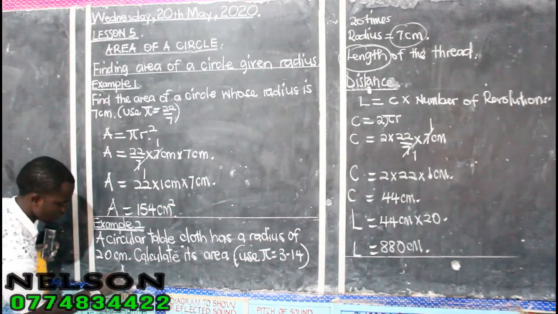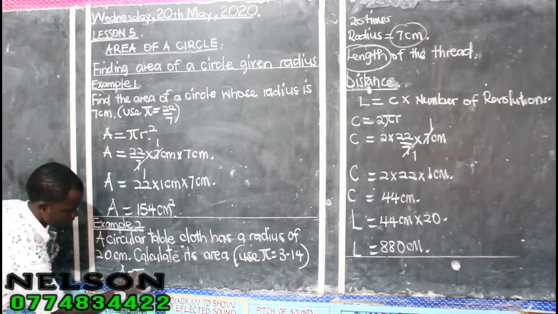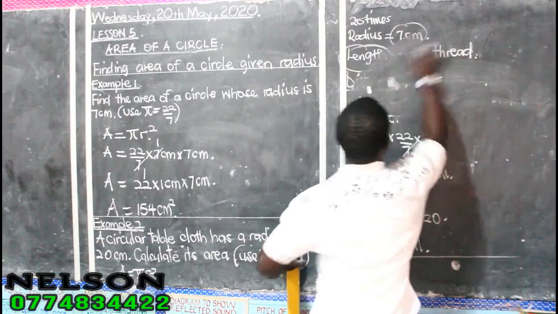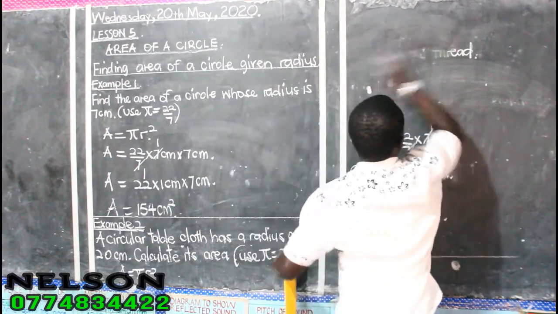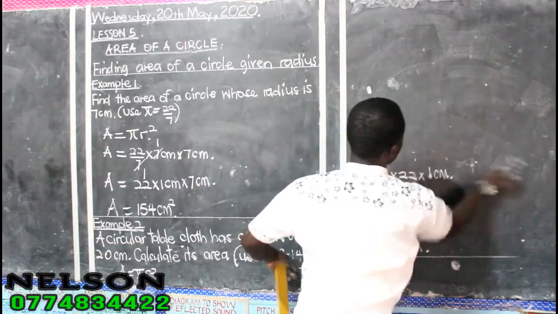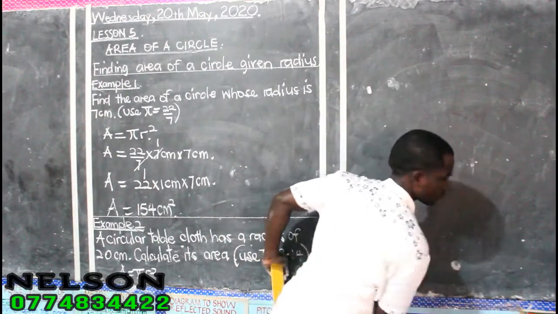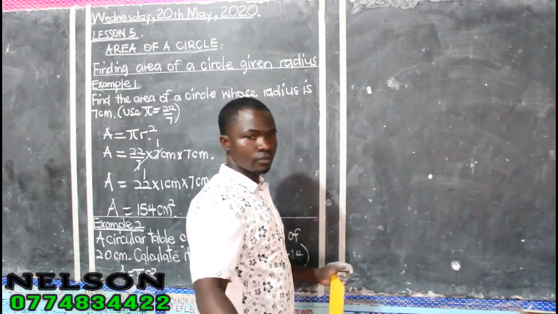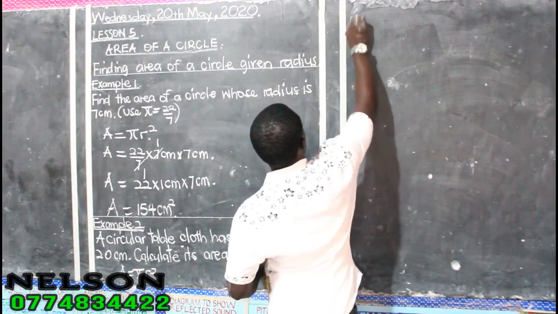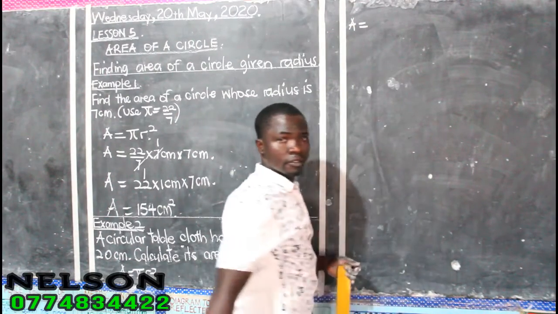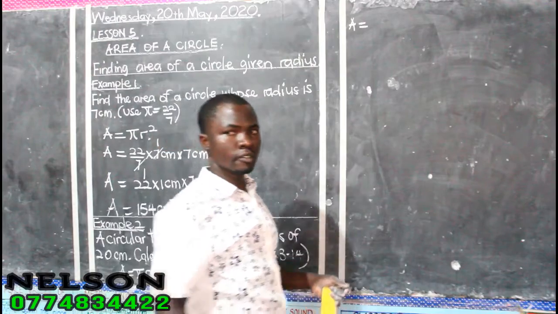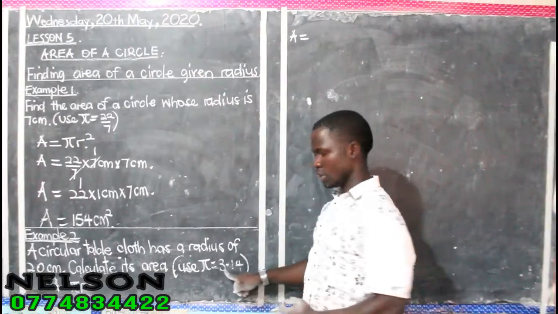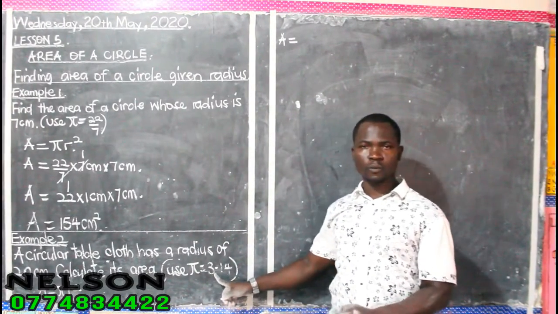We come down and say now area equals pi r squared. Now let's go to the substitution part of it. Area equals the pi that they've told us to use is 3.14.